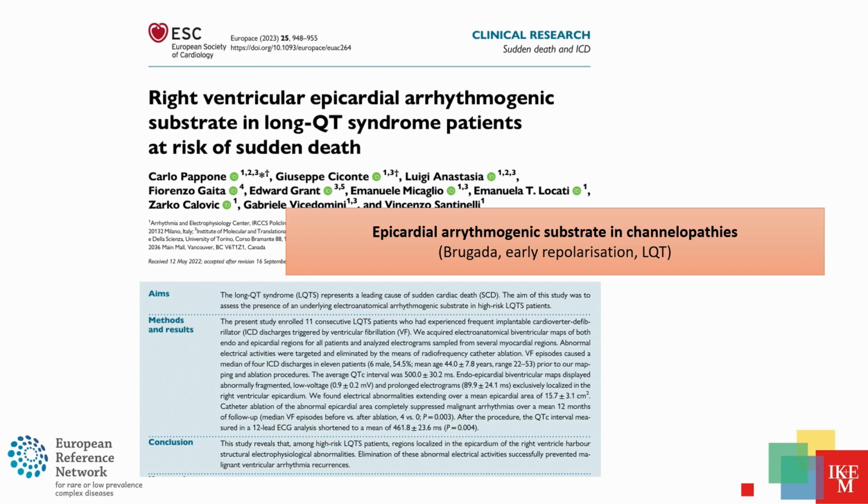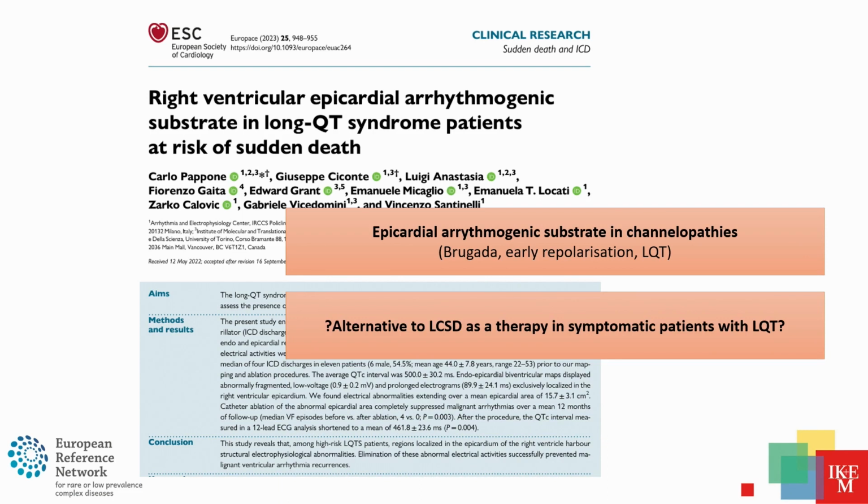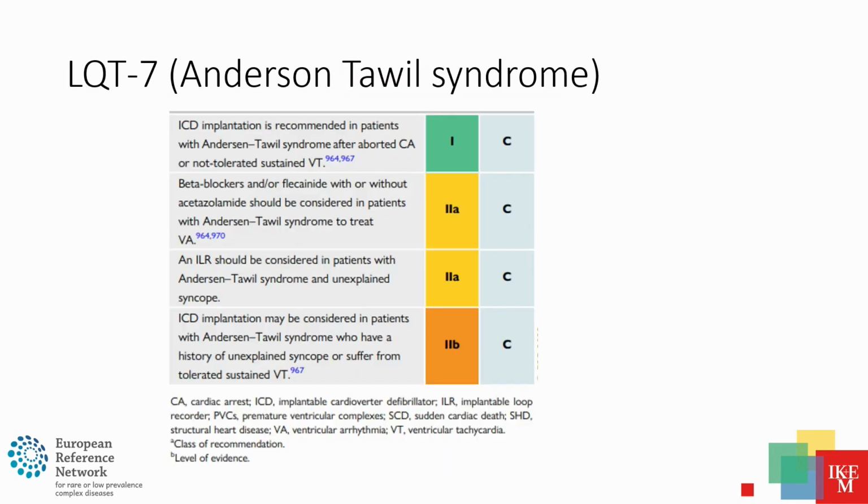For me, it's interesting, this idea of epicardial cardiomyopathy, which he talks about not only in patients with ARVC, but also in patients with Brugada syndrome, and probably also with long QT, because all of them are mainly ablated in this epicardial tissue over the RVOT. So certainly for the future, an interesting possibility to reduce the risk of malignant arrhythmia in those patients. Maybe it could also be an alternative to left cardiac sympathetic denervation, or who knows.